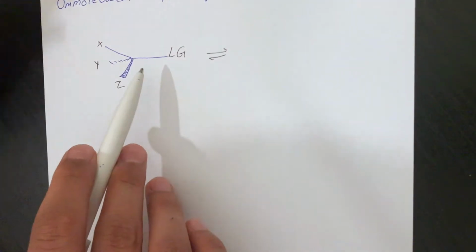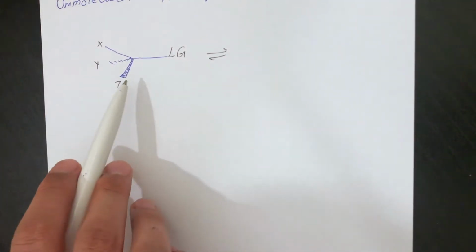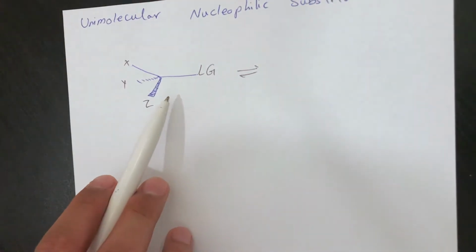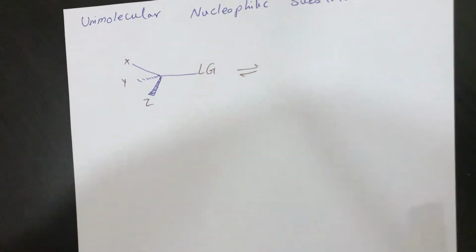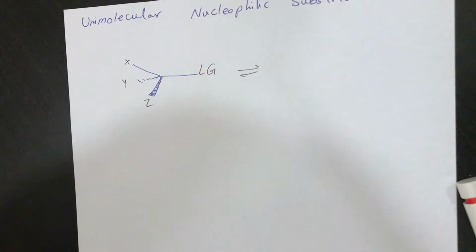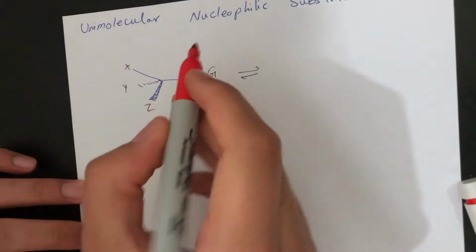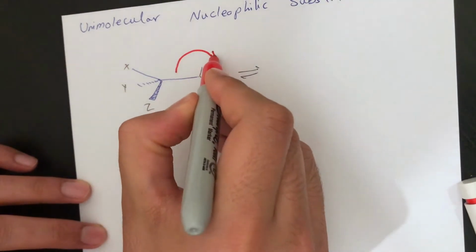Imagine we have got a tetrahedral species like this, and therefore the first thing that happens in SN1 is that the ligand, which is a leaving group, LG, leaves.